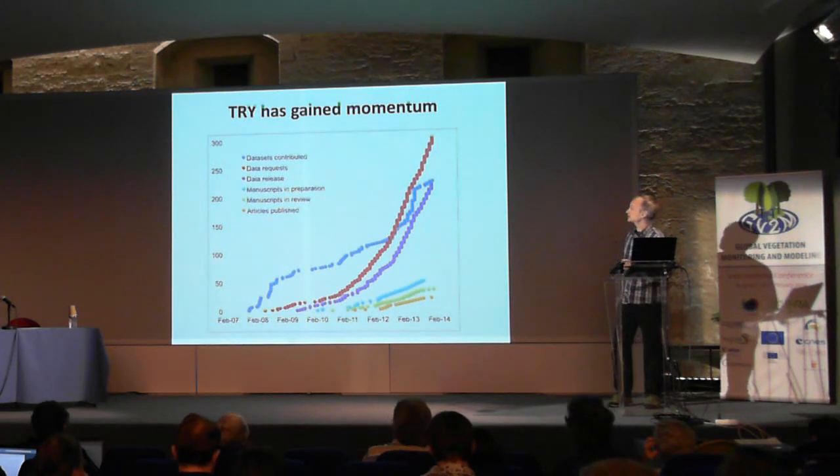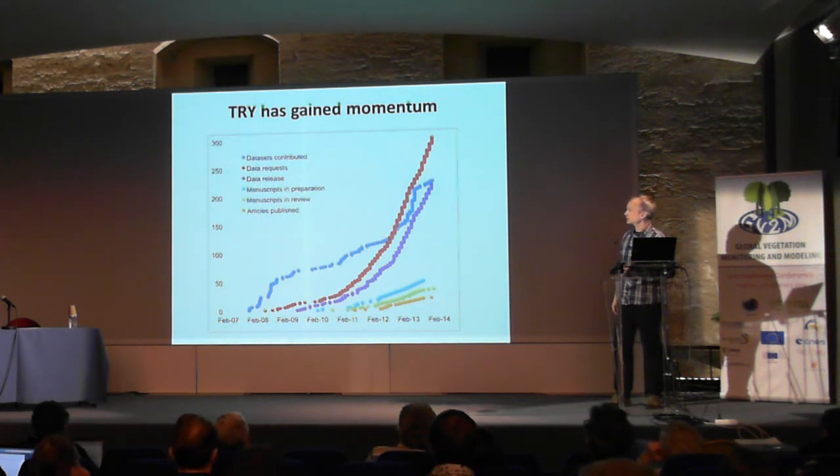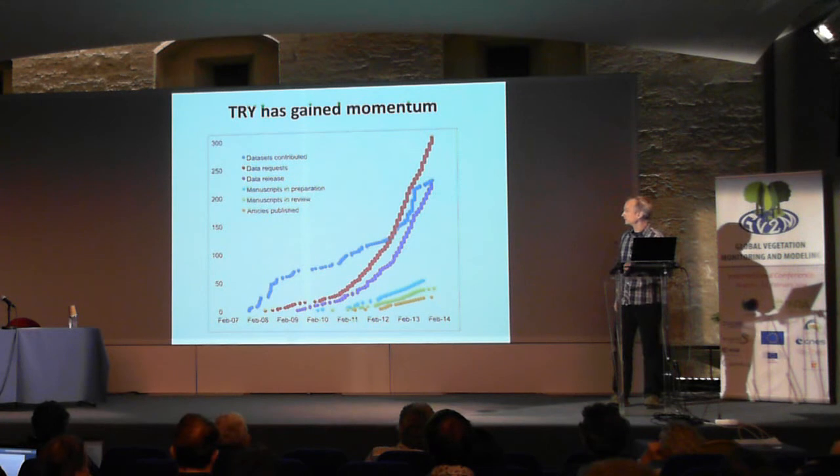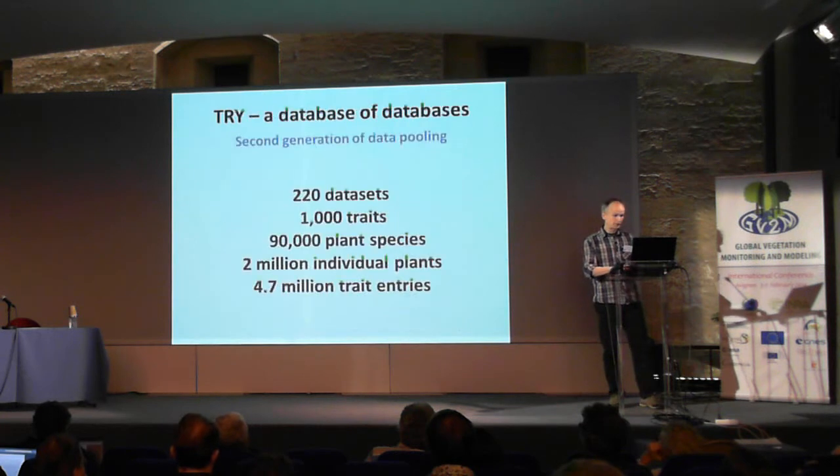Since then, the TRY initiative has gained some momentum. Here you can see the data sets that have been contributed to the database, the data requests, and now also publications starting to come out using the database. It's a continuous increase of contributed data sets.